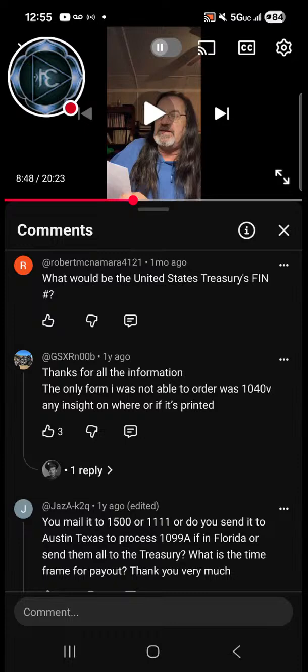Okay, this person is asking for the FIN number of the United States Treasury. He didn't get a response to that. To my knowledge, people's numbers are proprietary to them. That means that's their identifying information.